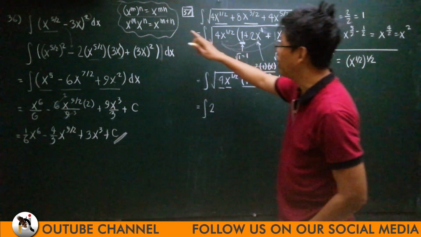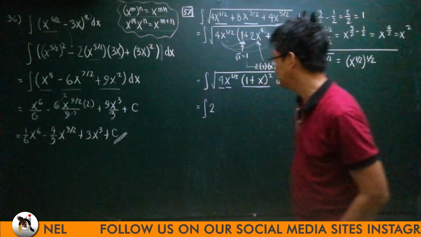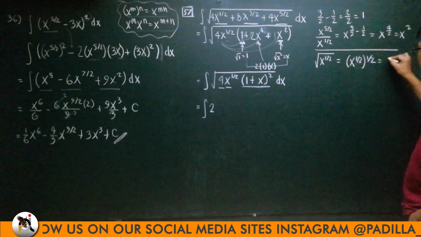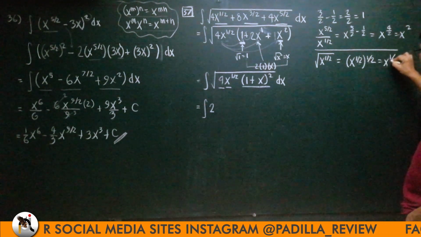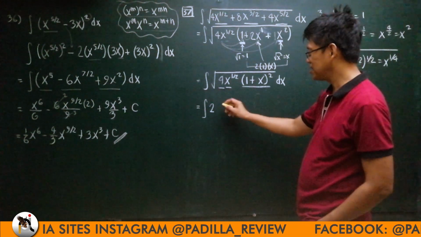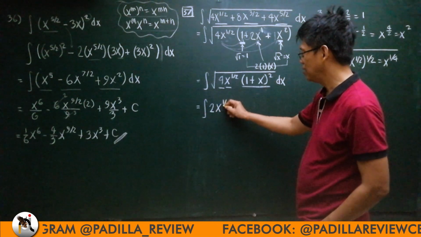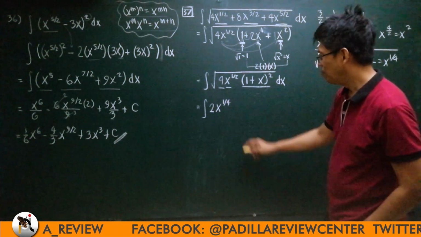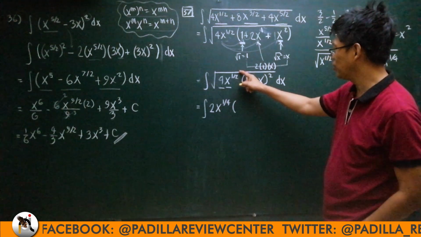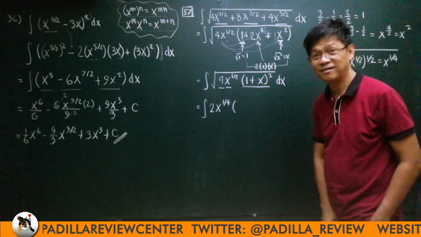So this belongs to x to the m to the n, x to the mn. This is x to the 1/2 times 1/2, 1/4. This is the same as x to the 1/4 multiplied by the square root of 1 plus x squared.